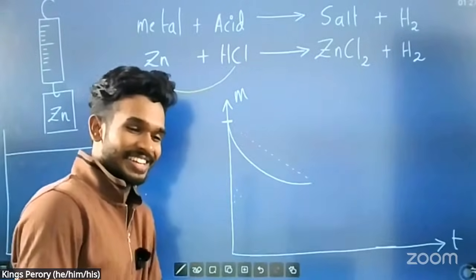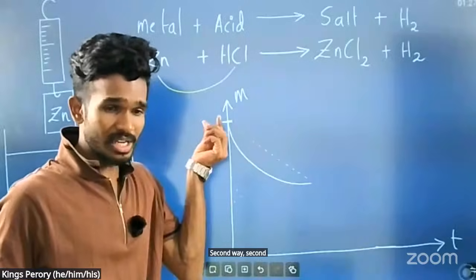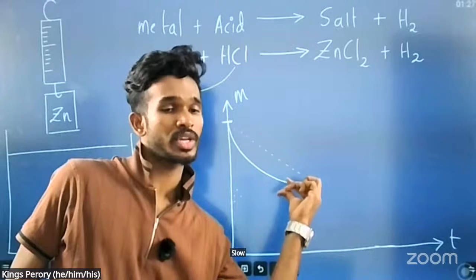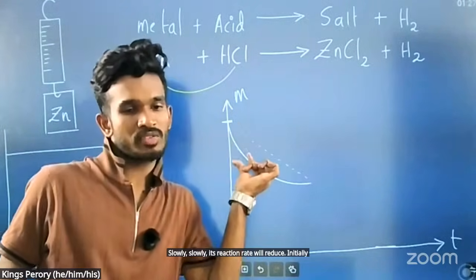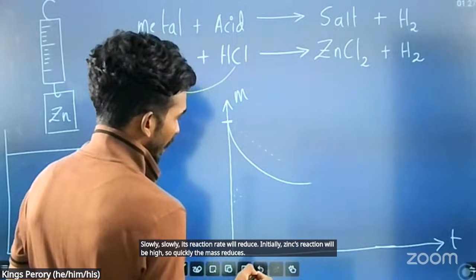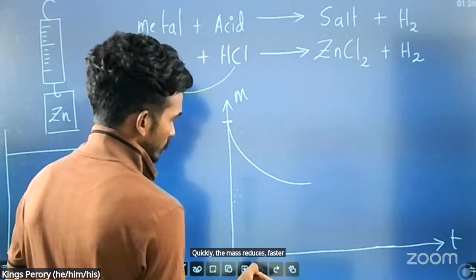Second way. Initially, zinc's reaction rate will be high. Slowly, its reaction rate will reduce. So quickly the mass reduces, faster the mass reduces.